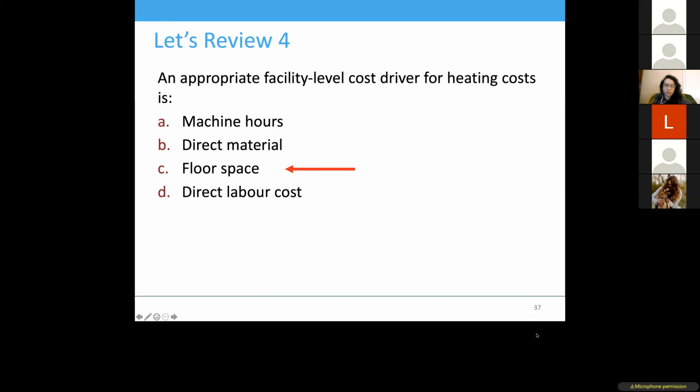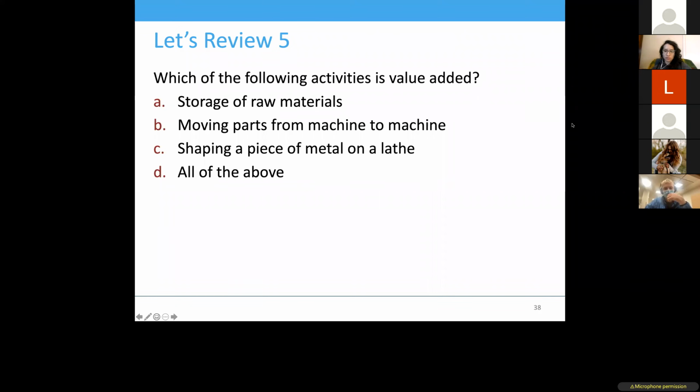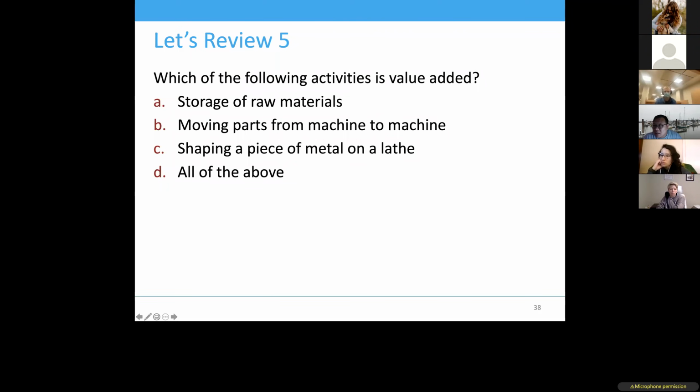Number 5. Which of the following activities is value added? If you have already answered, please put your hands down. I'm only calling names that haven't answered the question yet. Erin?